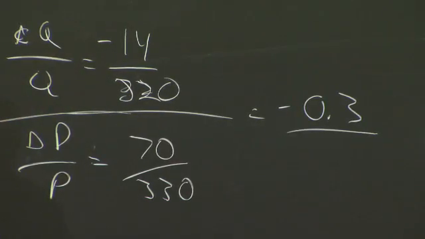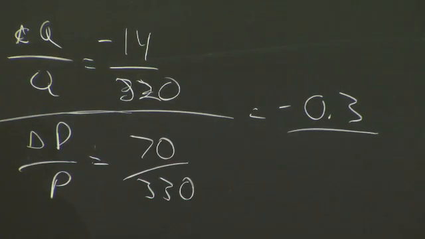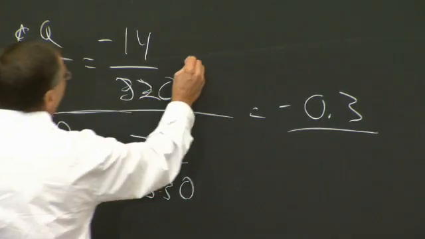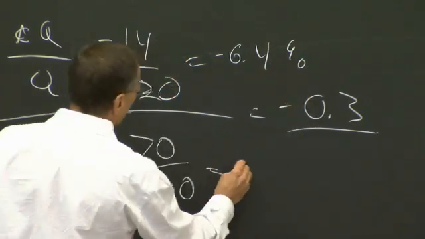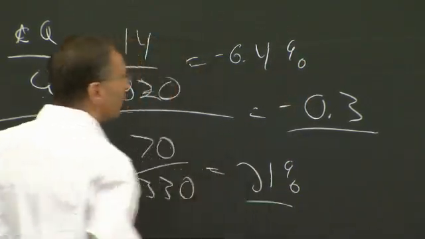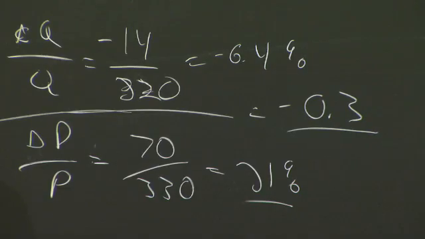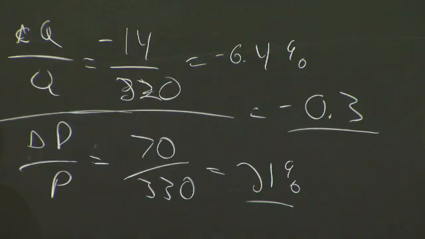In other words, there's a 6.4% change in quantity, minus 6.4%, for a 21% change in price. So quantity falls by 6.4% when price goes up by 21%. That's a price elasticity of minus 0.3.